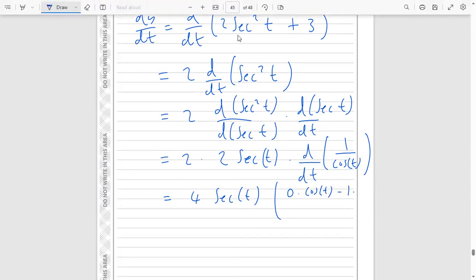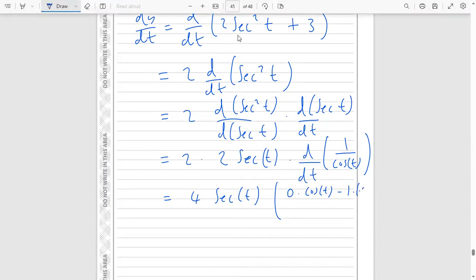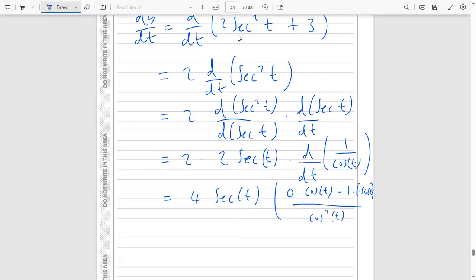So 1 times the derivative of cos, which is minus sine t, and then divide all of that by v squared on the bottom. So your cos squared t is going to be on the bottom there, all in brackets.